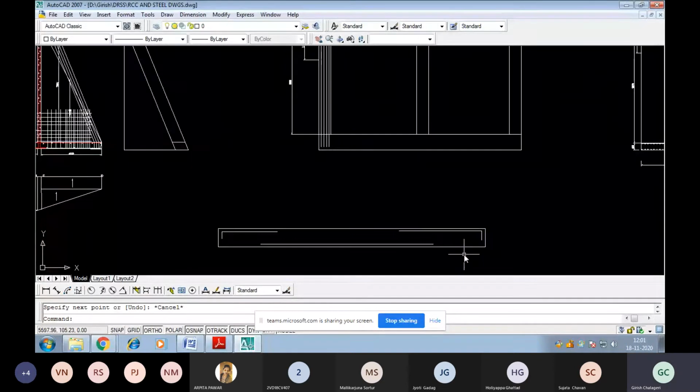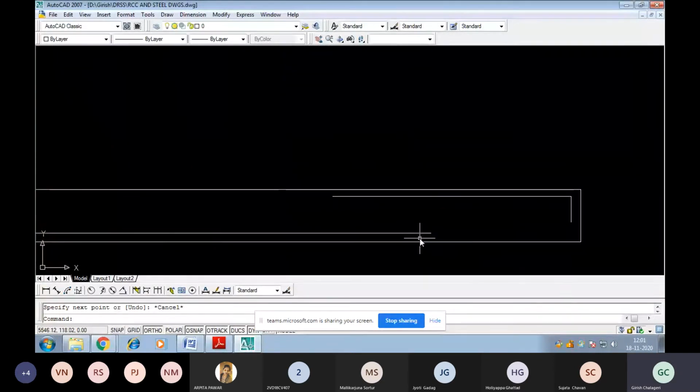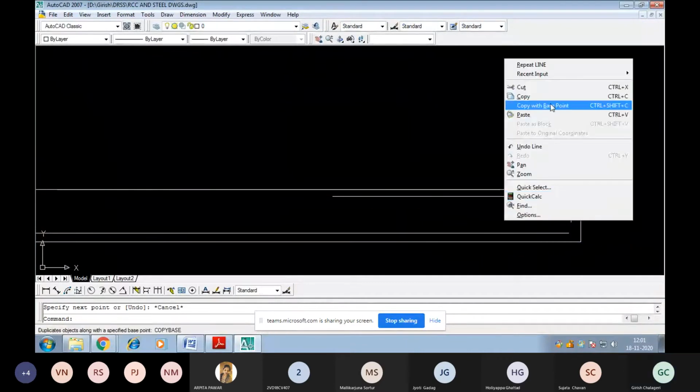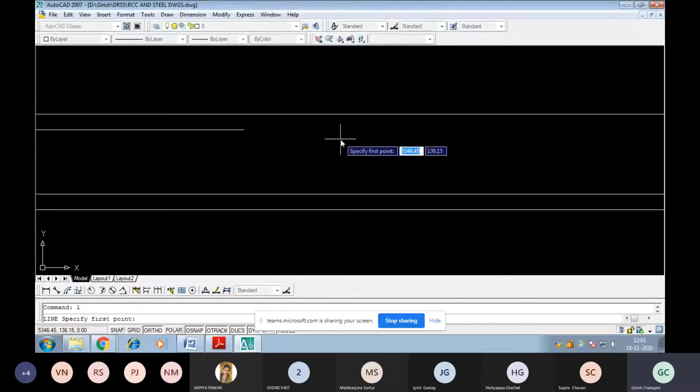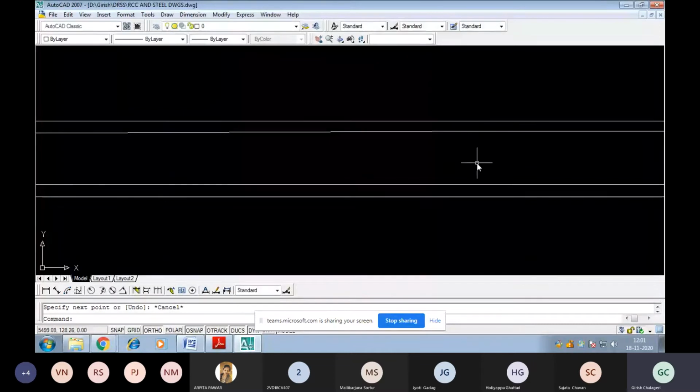These are the main bars required, but 3 numbers have been provided here. So 2 bars will be continued at the edges like this. Because 3 numbers are provided here, 2 bars are continued like this. And similarly, here also out of 3 bars, 2 bars will be continued in this fashion.